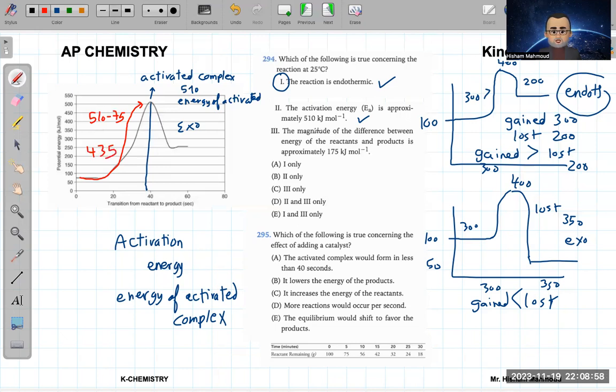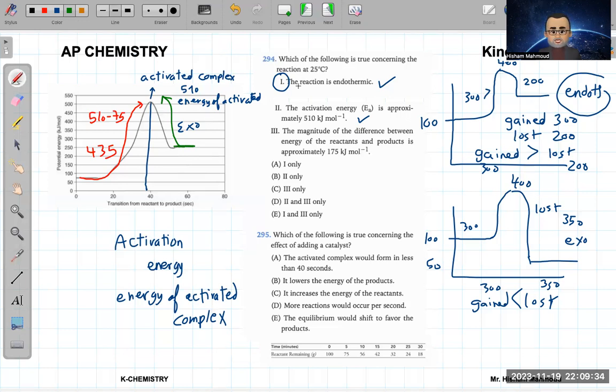What is the difference between the activated complex energy and the activation energy? The activation energy is from the reactant till the activated complex. حتى فكرة, we used to say what is the activation energy of the backward reaction? From where to where? From the products to the activated complex. يبقى أنت عندك اثنين activation energies. One is from the reactants to the activated complex.